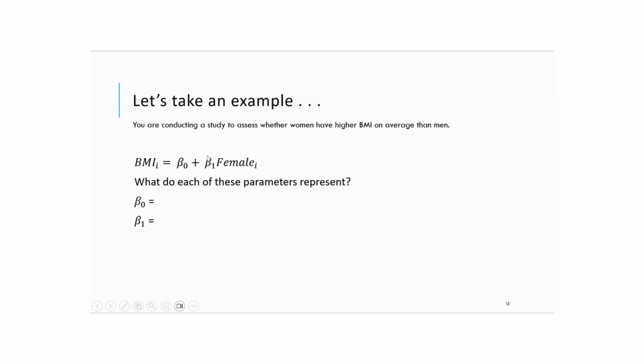And then if you are female, you get this additional beta added to your BMI, and this additional beta may be negative. A trick question there, but to make you remember your regressions.